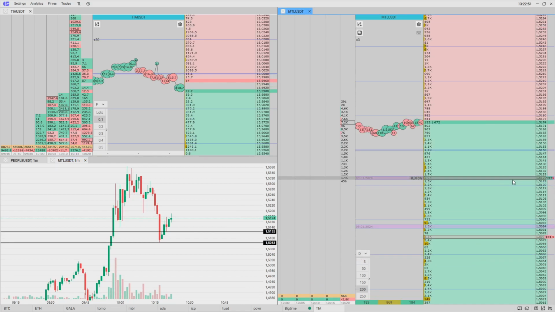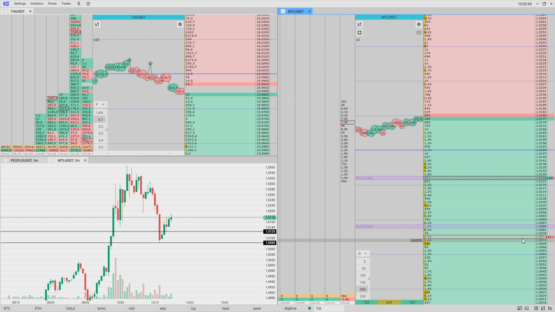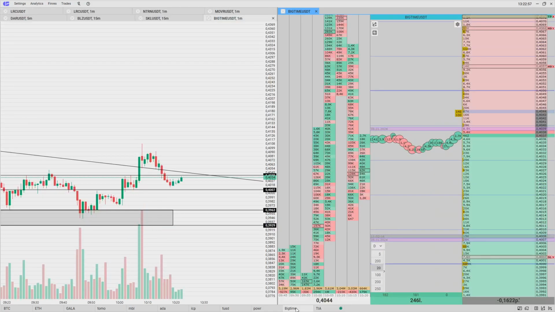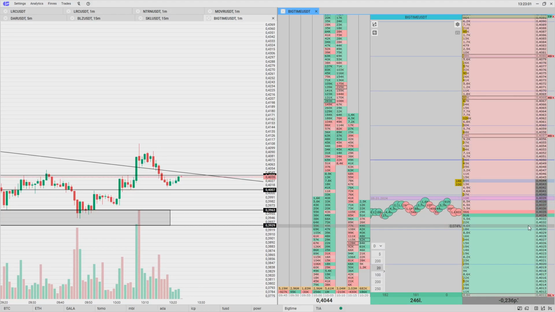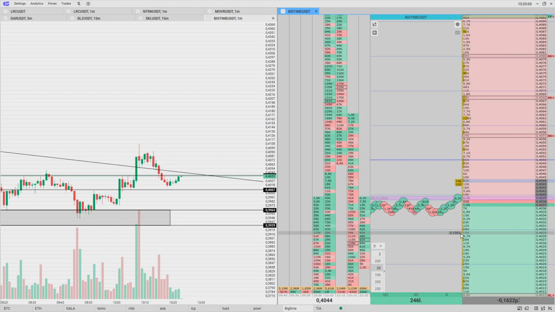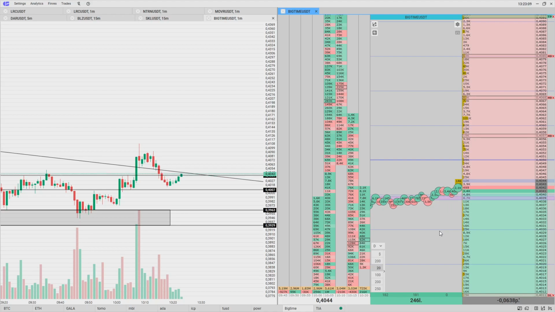So we place 132 and we place 131, a kind of stop loss. What do we have on the big time? The big time almost went out from the zone.